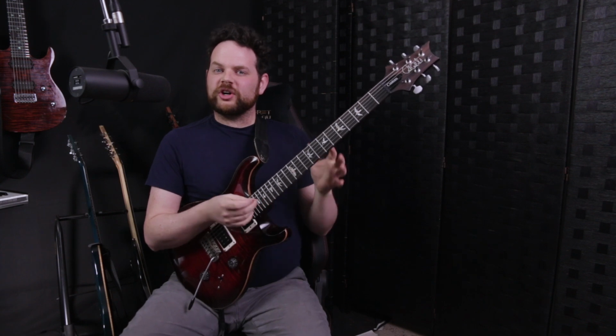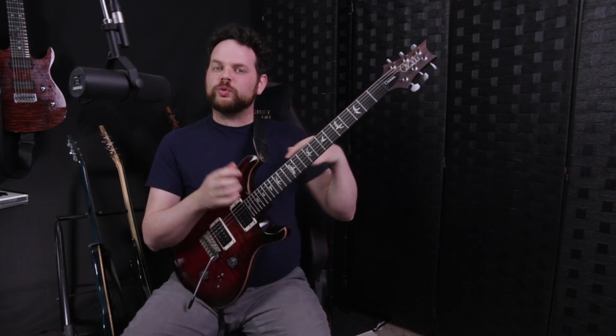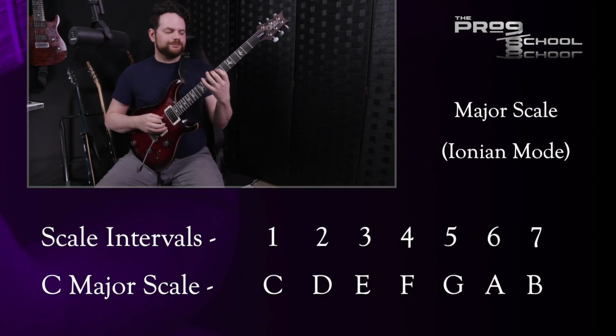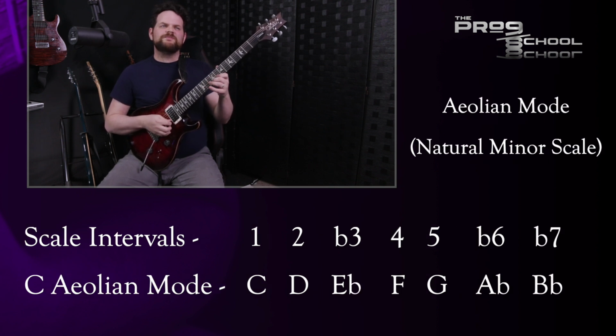One of the best ways to start to understand the sound of each of these is to switch between them over the same low drone note. I'm going to start with the major scale, C major. How about Aeolian? Phrygian?